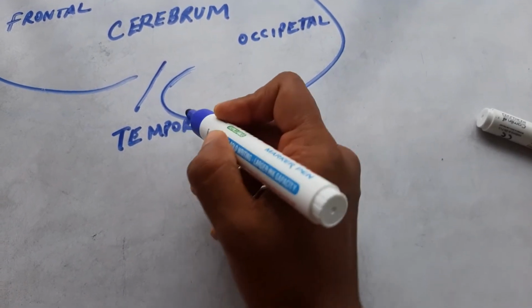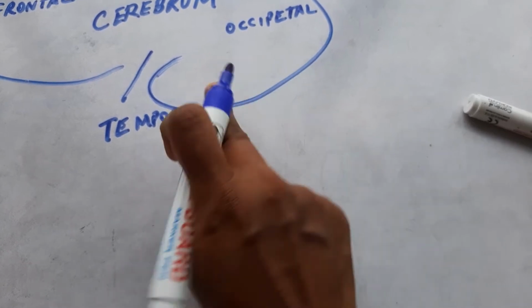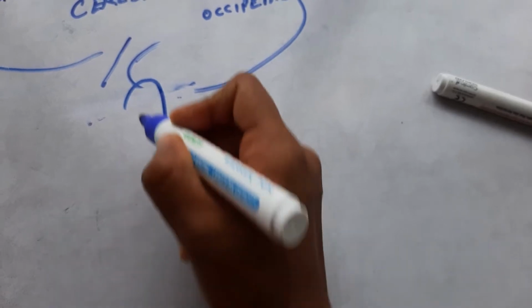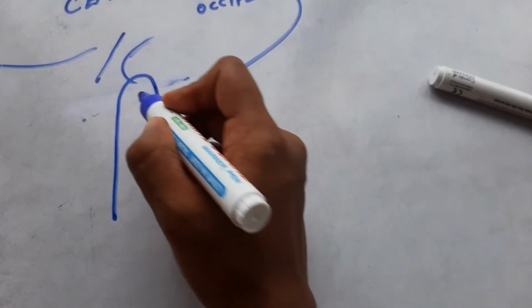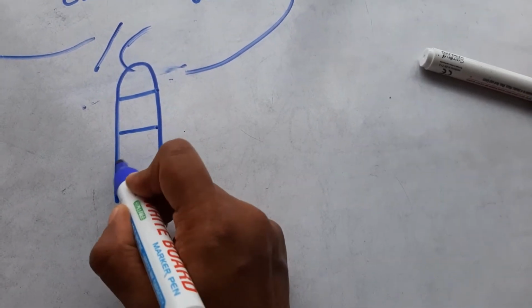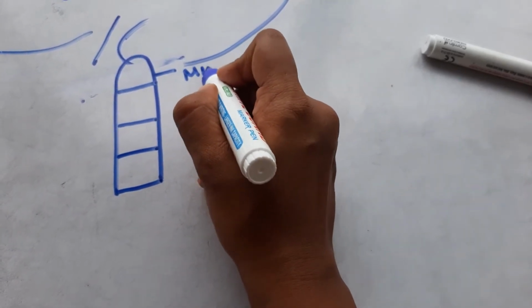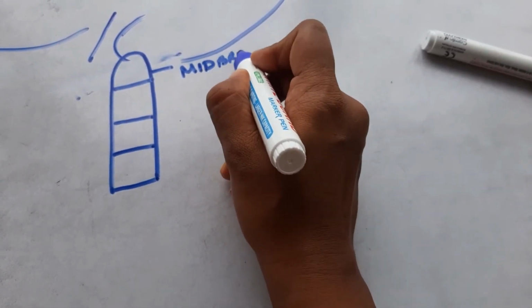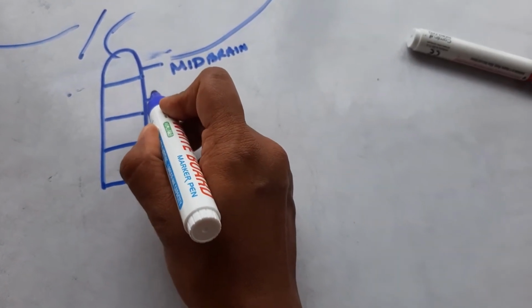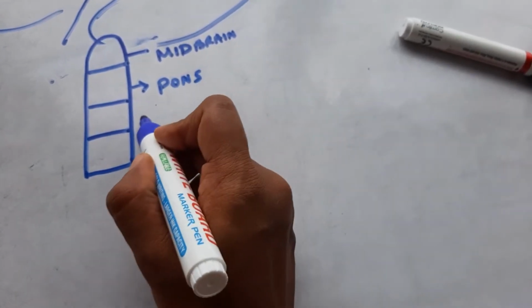Now below it there is the brain stem. The brain stem includes the following parts. This is the midbrain. This is the pons varolii.